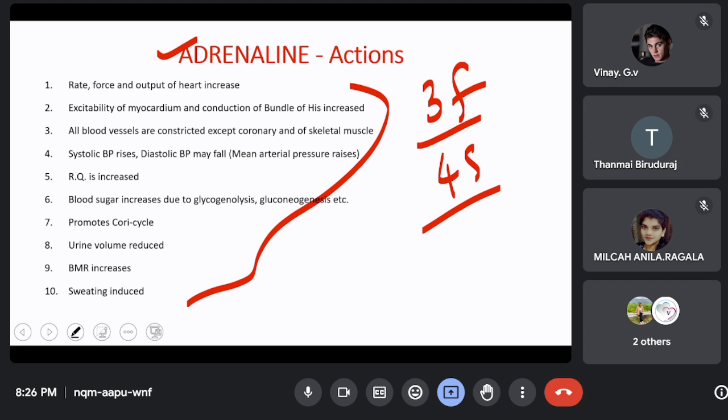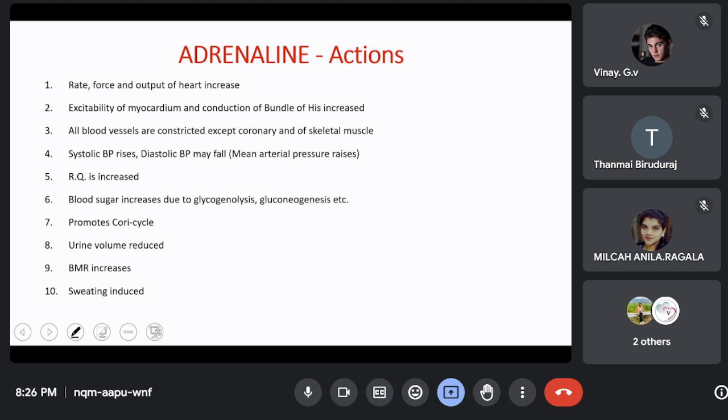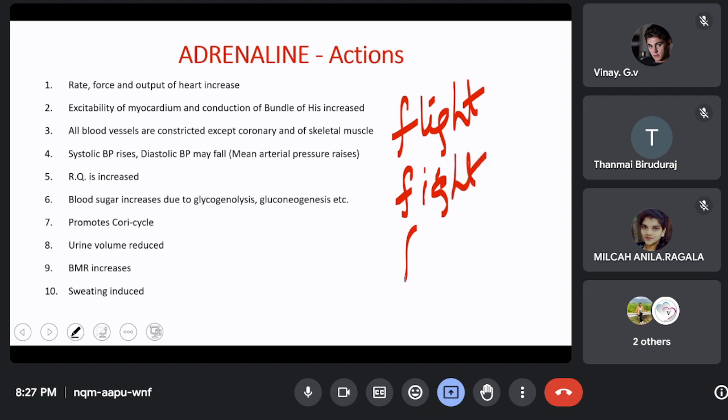So what are the 3F hormones? Both these hormones are released in three different activities of the body. One is called flight activity, the other is called fight activity, and the other is called fright activity. Okay, so these are the three activities.